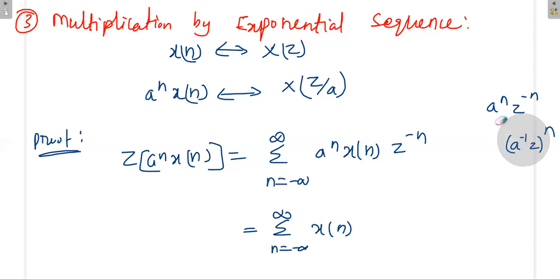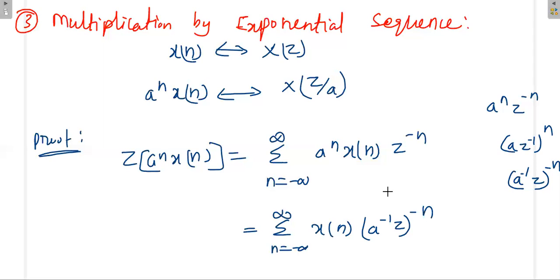So this one we can write like a z inverse whole power n, but we need minus n. With respect to the formula we need minus n, so we can write it like a inverse z whole power minus n. In the original formula, the z transform of x of n is equal to summation n from minus infinity to plus infinite x of n z power minus n, which we write like x of z.